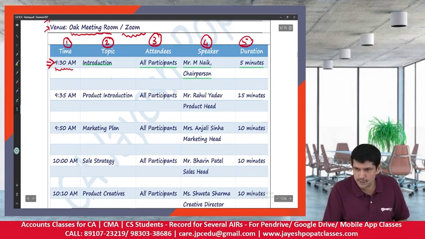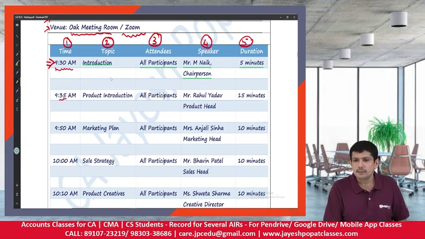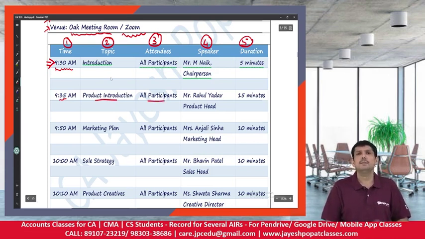Then you need to be very careful in running the time. So at 9:30 the meeting started. It took 5 minutes for the introduction. So now the next speaker will speak at 9:35. Now we are saying product introduction. Again, who will be attending? All the participants who will be there in the meeting.